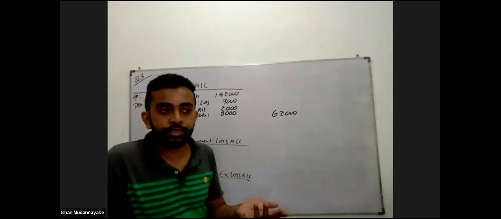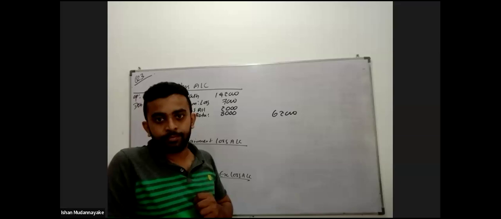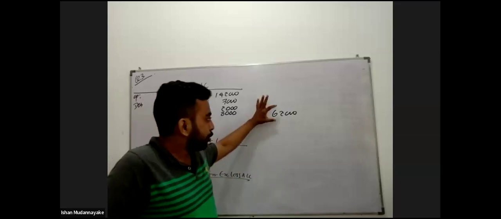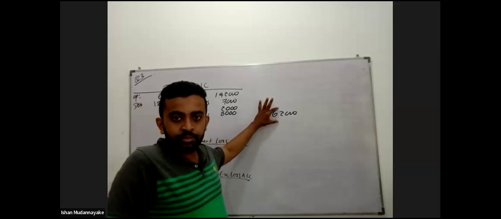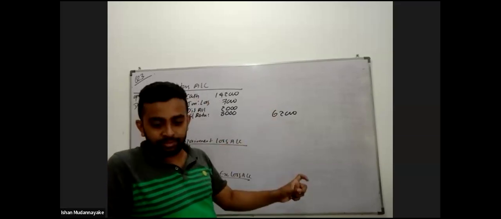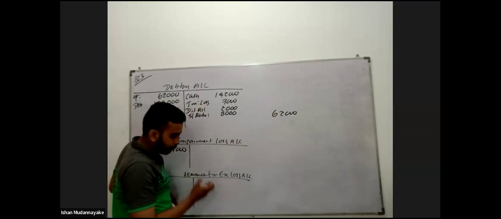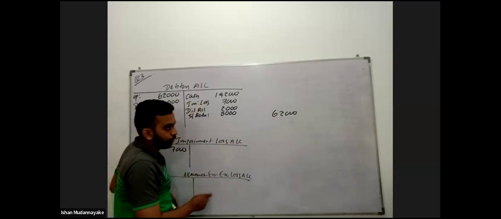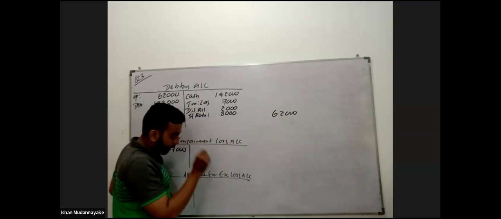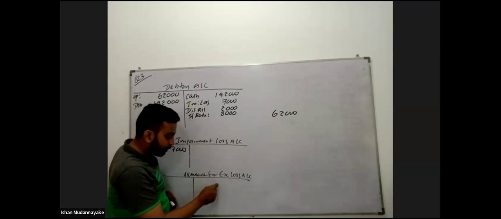Here, the policy of the business is to allow 5% as allowance for expected loss. Then on this opening debtor balance, there should be an opening balance in the allowance for expected loss account.